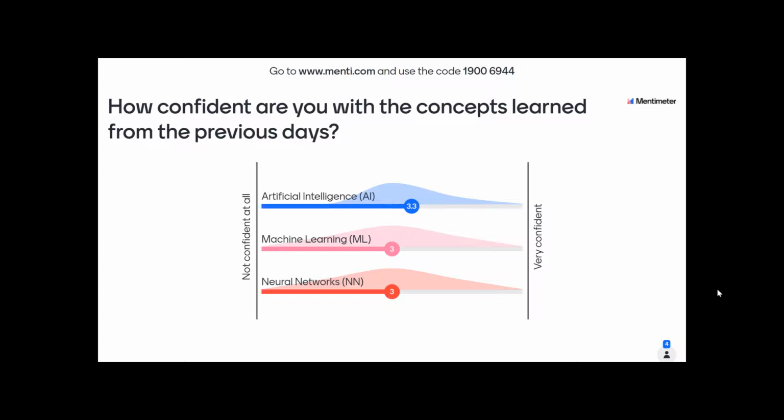Let's give a couple more seconds. Although we have less people, we got all of them. It seems like the higher level concepts are probably being understood better. Neural networks is still kind of in the middle, which is fine. It's very complicated, and we only did theory. We didn't really do the practical part, so that's okay.